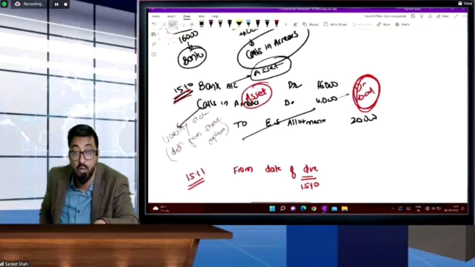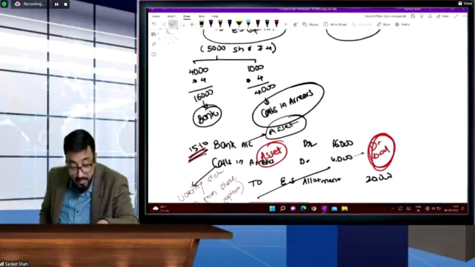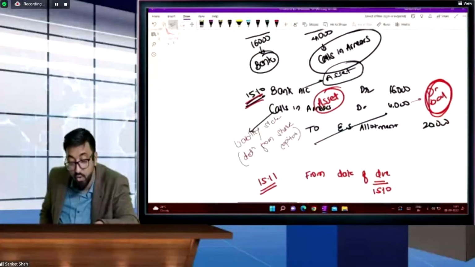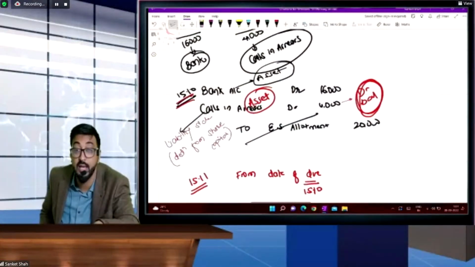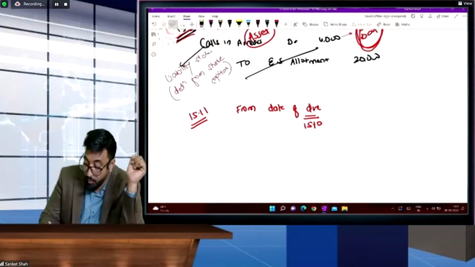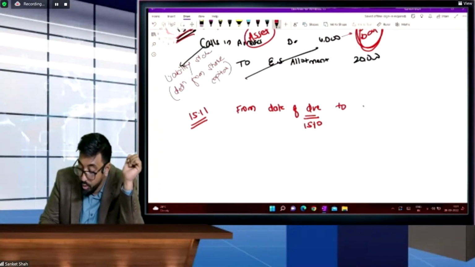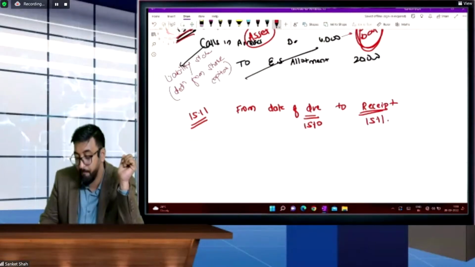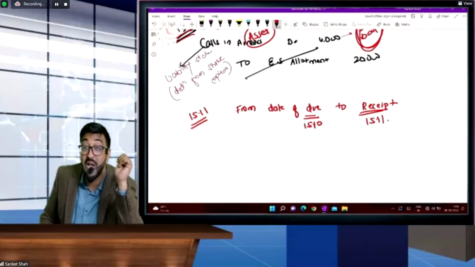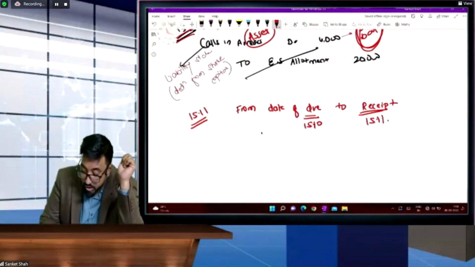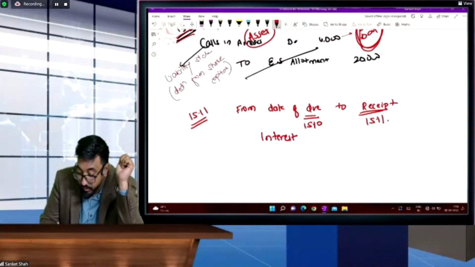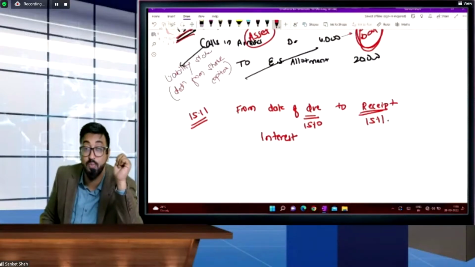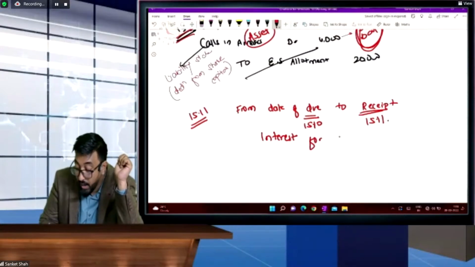Amount is called on 30th September, but I have given time up to 15th October, but he has not paid that amount. And from the due date up to the receipt date, receipt is 15th November, I am going to charge him interest. Okay. So interest has to be charged for 1 month on calls in arrears.